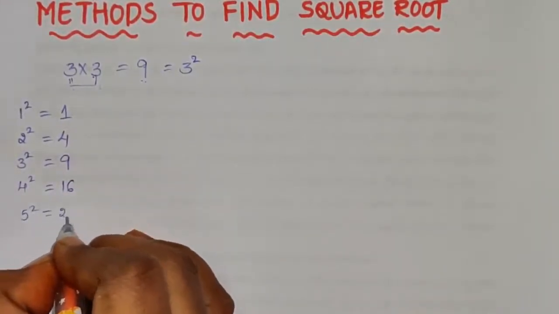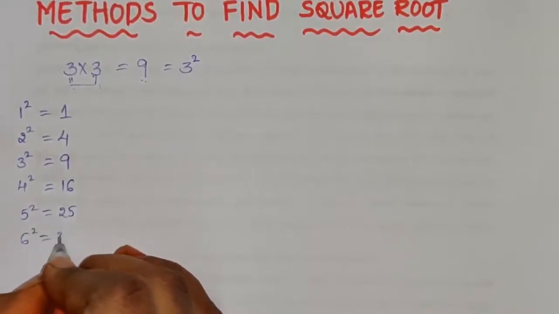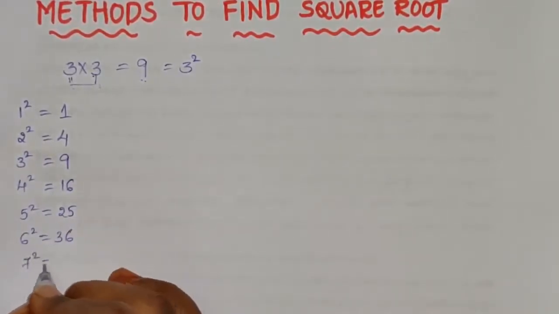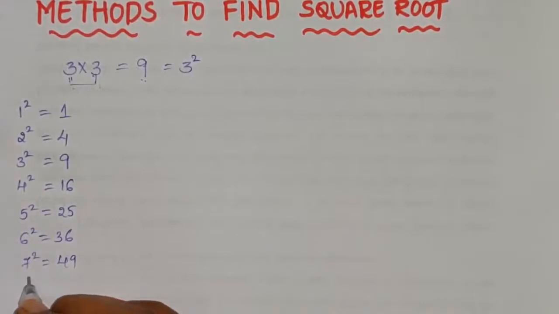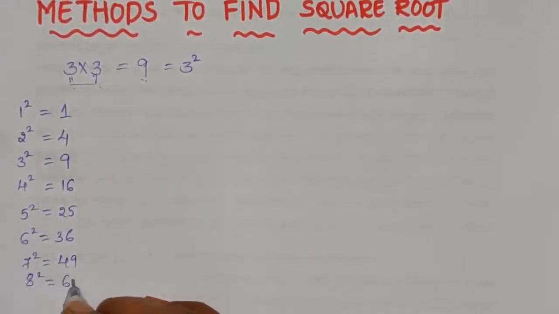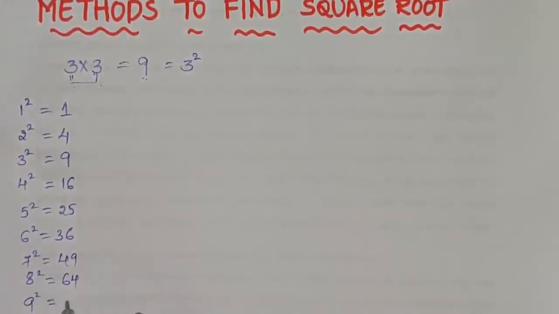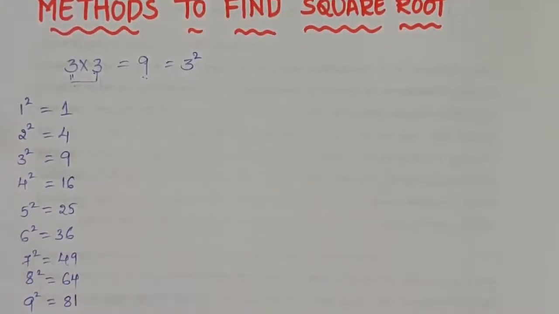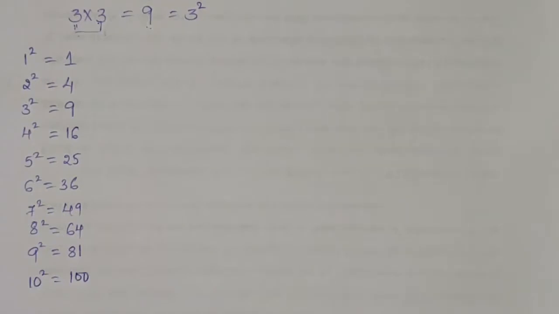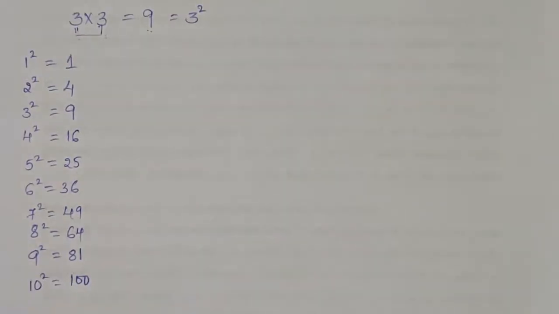Likewise 5 square, 25. 6 square, 36. 7 square, 49. 8 square, 64. 9 square, 81. And 10 square is 100. These are all known as the perfect squares. This 1, 4, 9, 16, 25, 36, 49 and so on, 100. Not only 100, beyond that also we have the perfect square numbers.